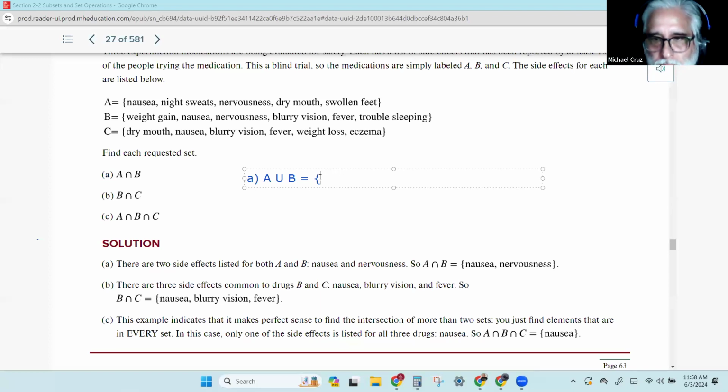So A has nausea, night sweats, nervousness, dry mouth, swollen feet. And B is weight gain, nausea, nervousness, blurry vision, fever, trouble sleeping. So we're going to try to fit them all in there. And you tell me if I got them all.